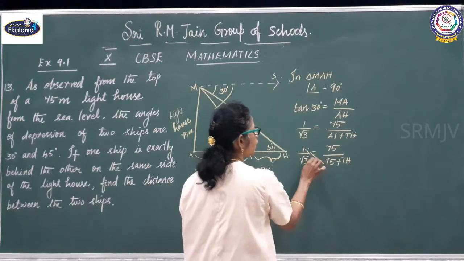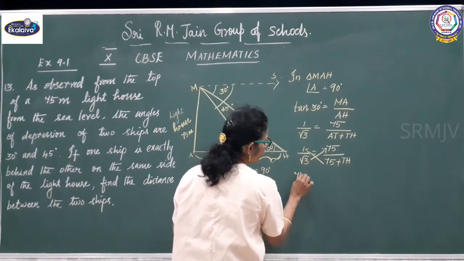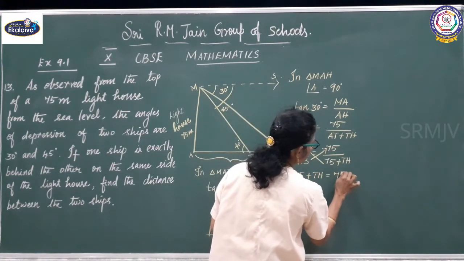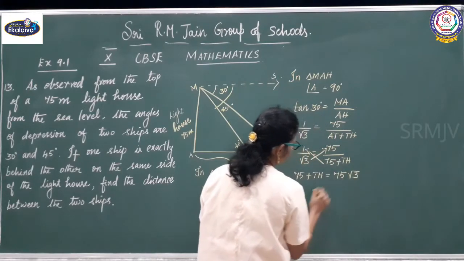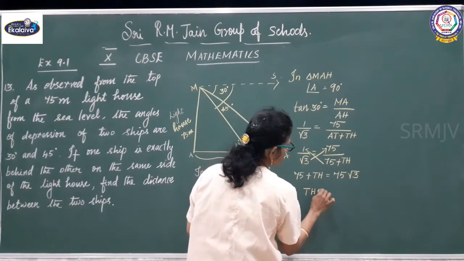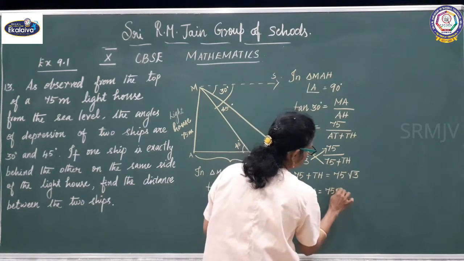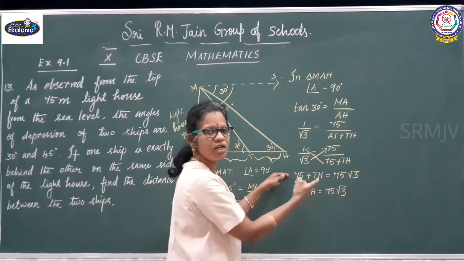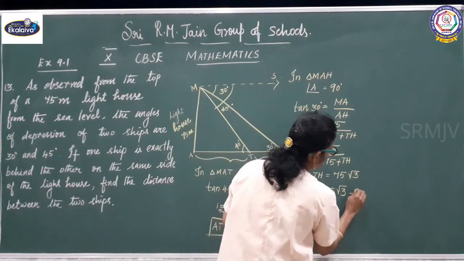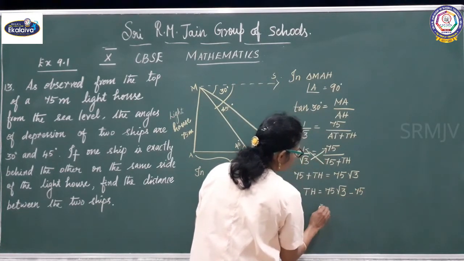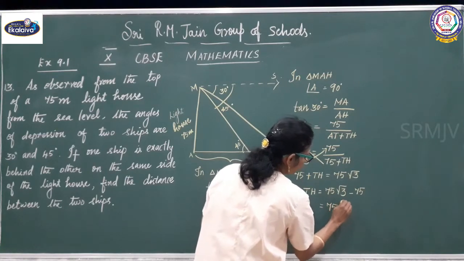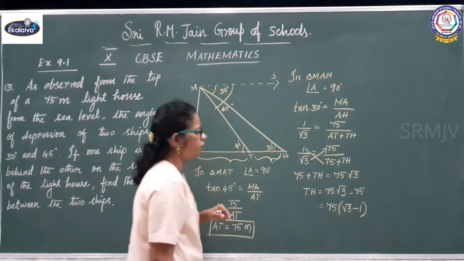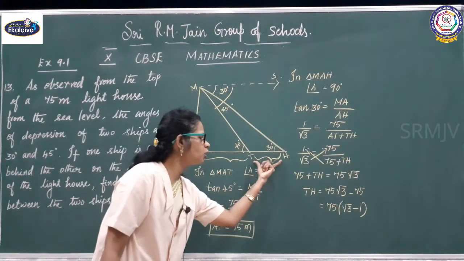Now you cross multiply, 75 plus TH equal to 75 root 3. Then TH equal to 75 root 3. You shift this 75 to the opposite side, it will act as negative, minus 75. Then you have to take 75 as common, root 3 minus 1.